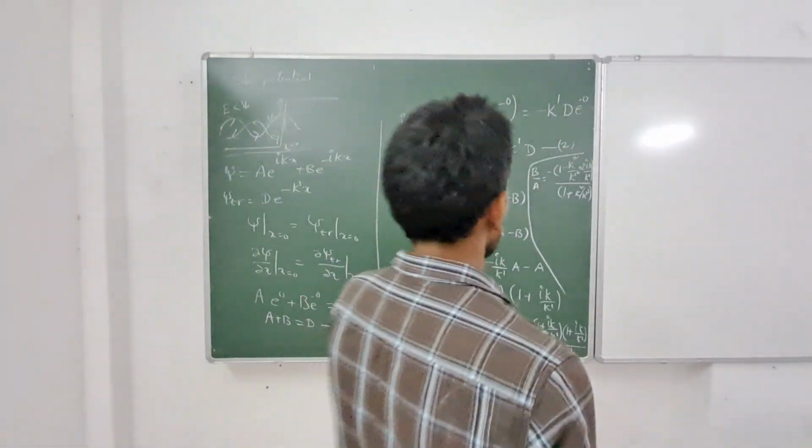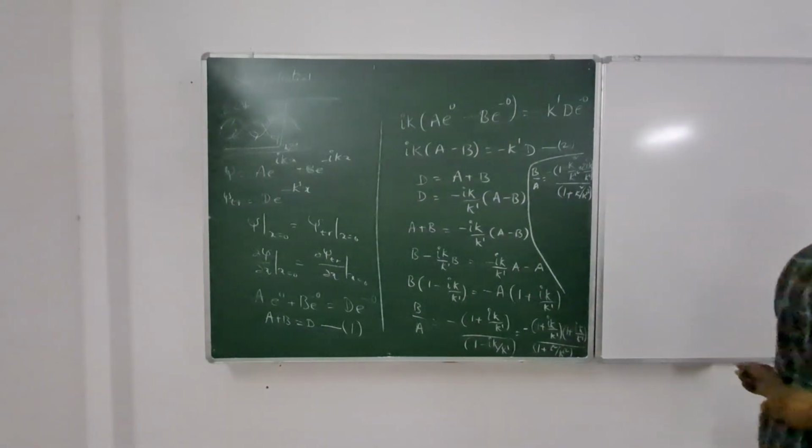Now I have to take the complex conjugate of this and multiply with this.